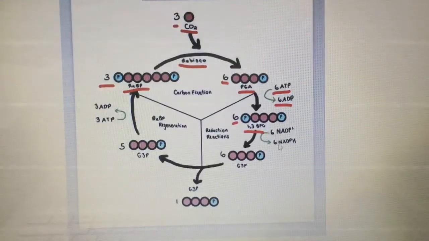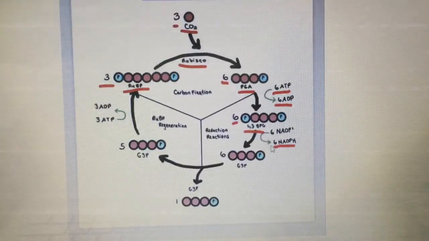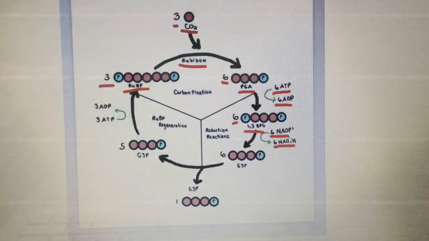These 6 molecules of 1,3-bisphosphoglycerate will then be reduced. Reduced means it will use a reducing agent, and the reducing agent here is NADPH. So we are expecting it to use 6 molecules of NADPH. The 6 molecules of NADPH will then be oxidized to 6 molecules of NADP plus.